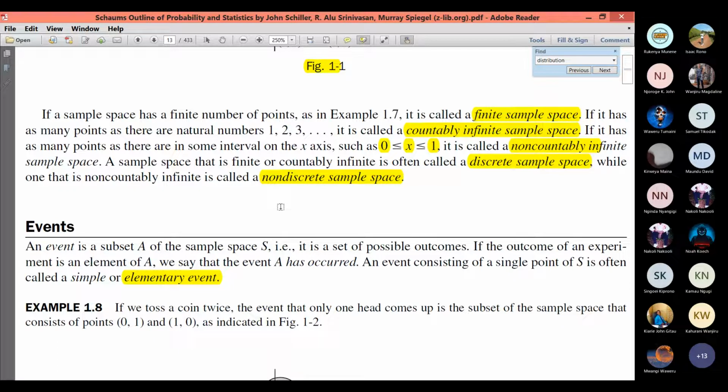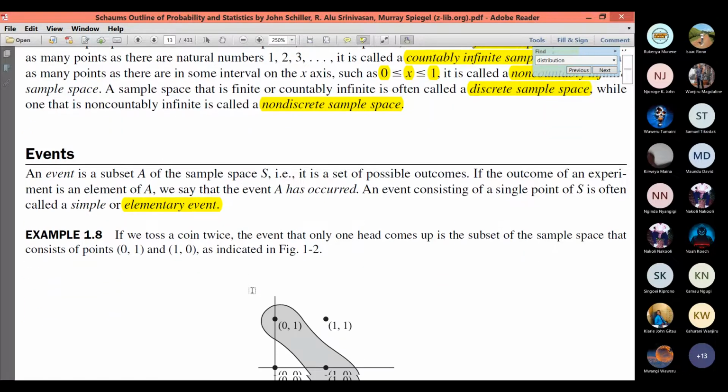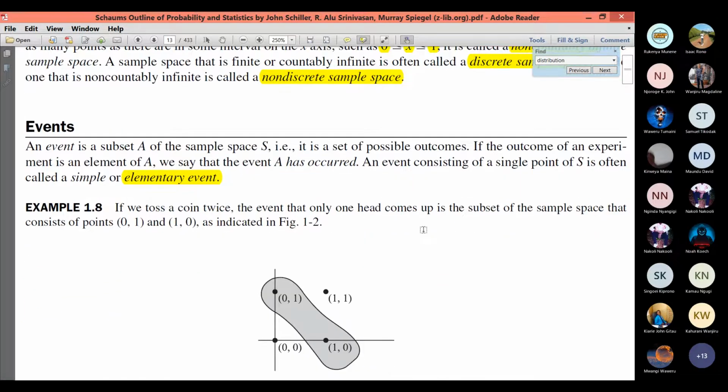And you can see from the sample space of 4 that tail tail only happens once. So such is called an elementary event. If it was a coin twice, the event that only one head comes up is the subset of the sample space that consists of 01, which is head tail, and 10, which is tail head, as indicated.